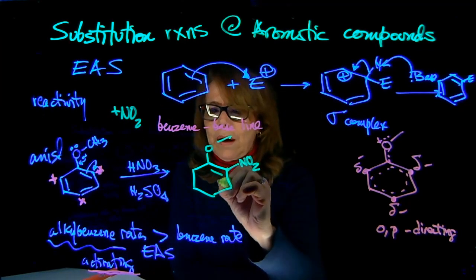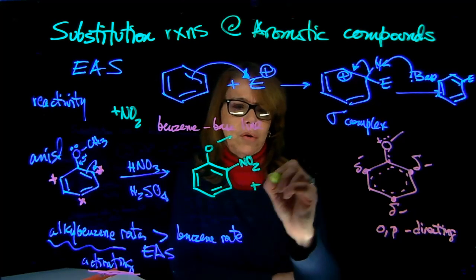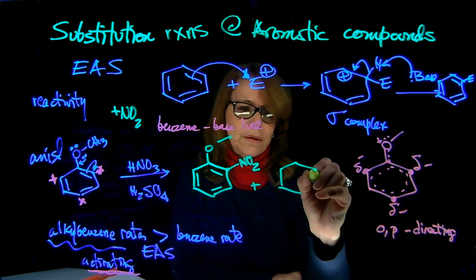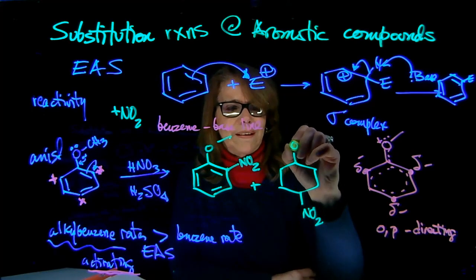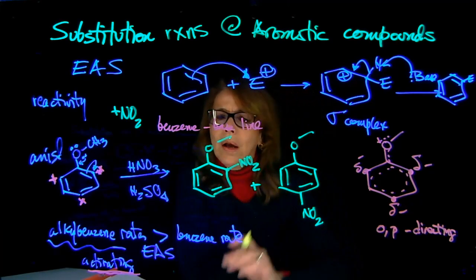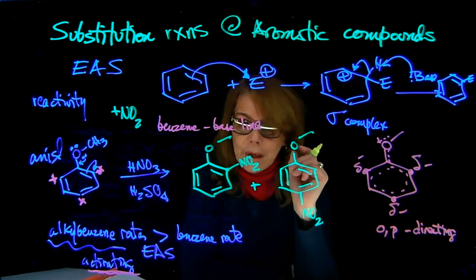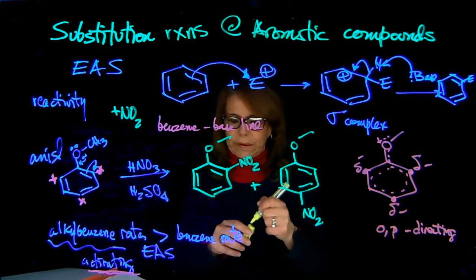And so you will have the ortho substituted, so ortho-nitroanisole. The other product is the para substituted, so this is the para-nitroanisole. So you will have a mix of products. All of the activating groups will be ortho-para directors.